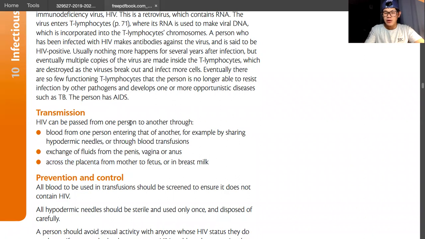For example, if the mom is HIV positive, then it is possible that the unborn baby would be HIV positive as well, because the mom is sharing the blood, sharing her nutrients with the baby, and therefore the virus can easily pass through the placenta, because they are small enough. They can easily pass through the barrier.